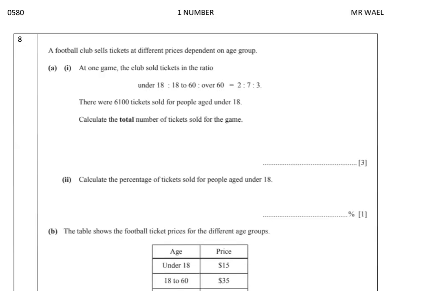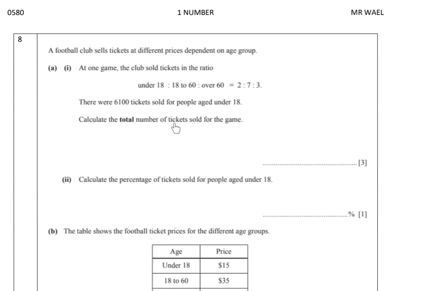Number 8. A football club sells tickets at different prices dependent on age group. At one game, the club sold tickets in the ratio under 18 to 18 to 60 to over 60 to 7 to 3. There were 6,100 tickets sold for people aged under 18.